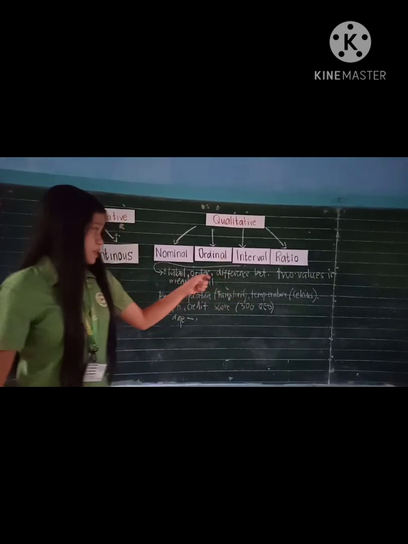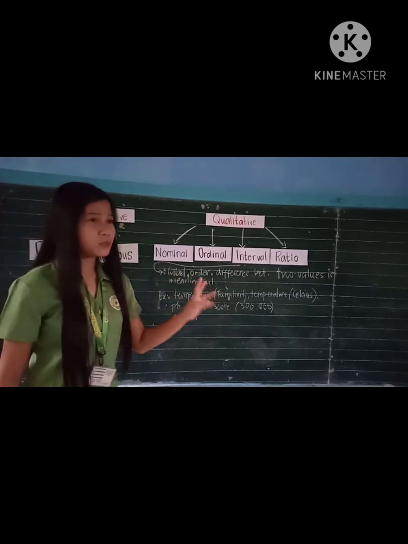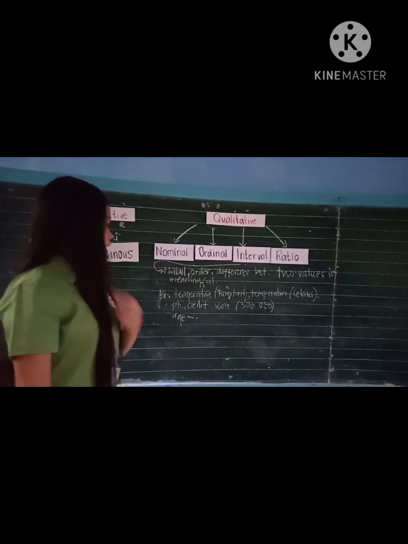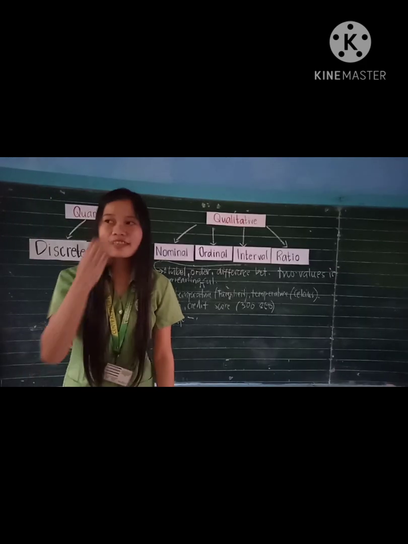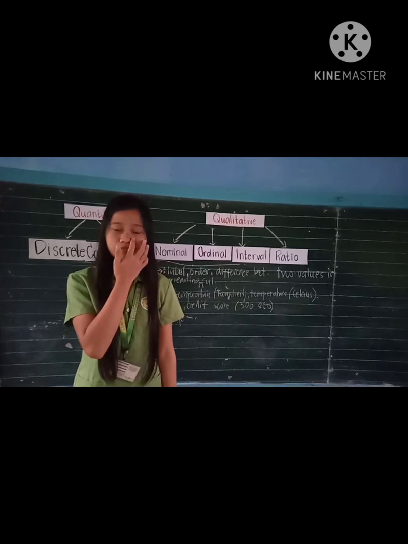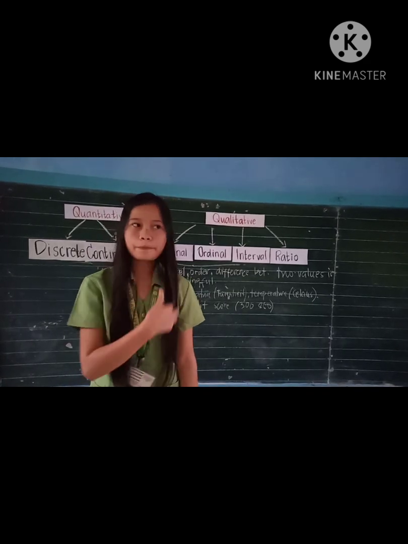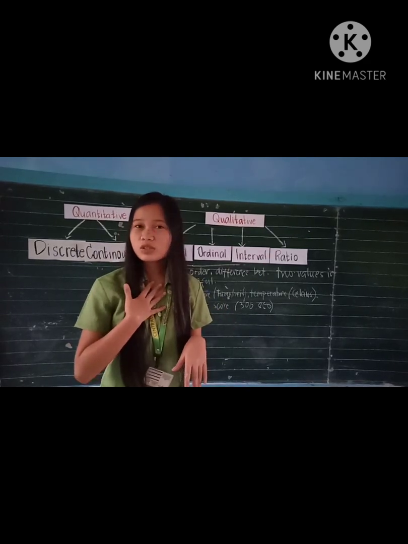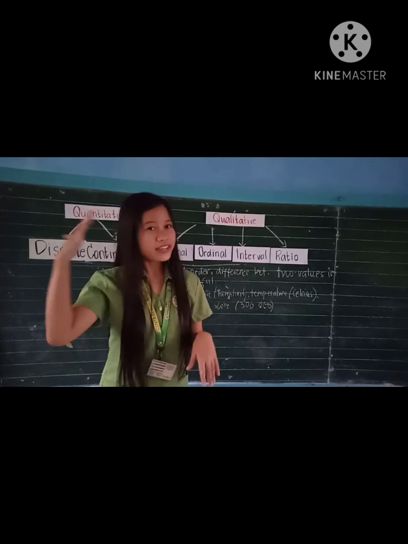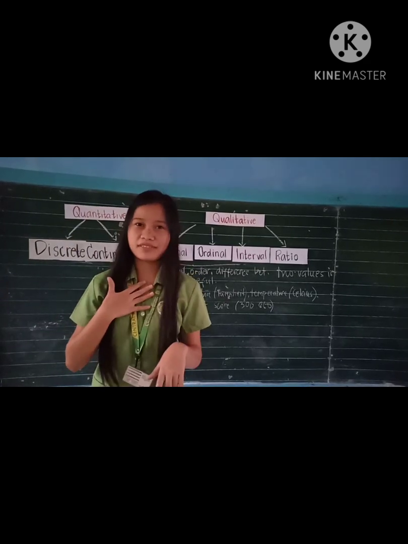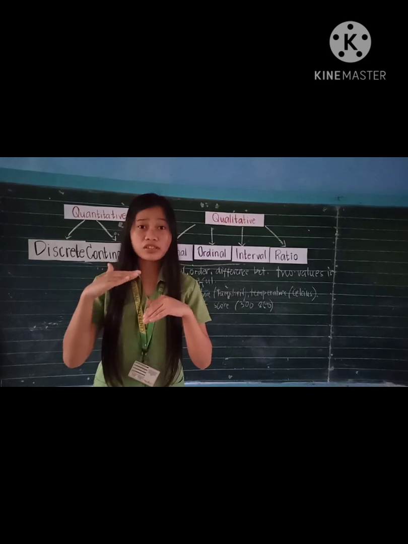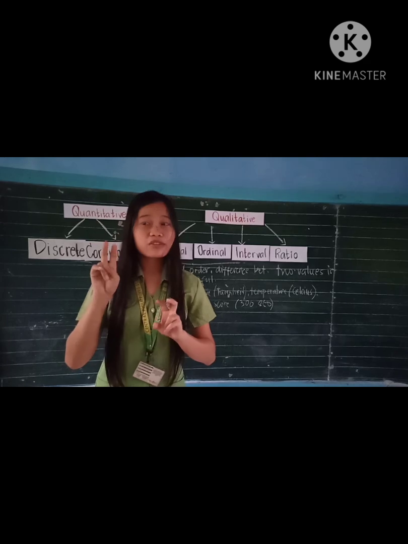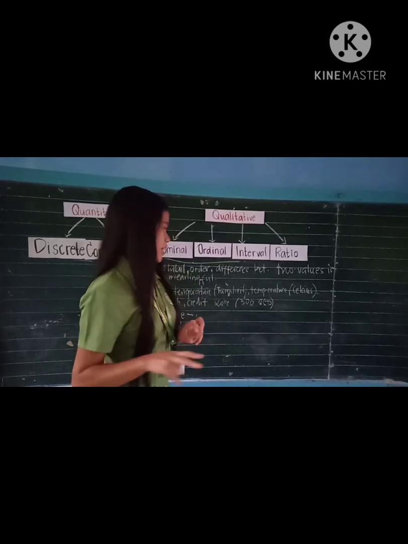That's why in interval, the difference between the two values is present and important. And the best example for this level is our age. Knowing that, for example, this year I am 20, next year I am 21. So there is a change or a difference between the two years. Okay?